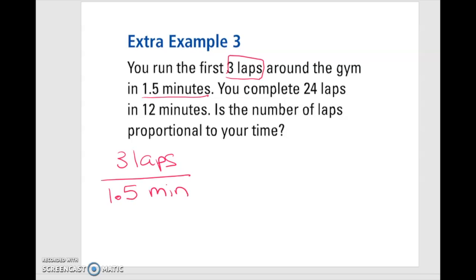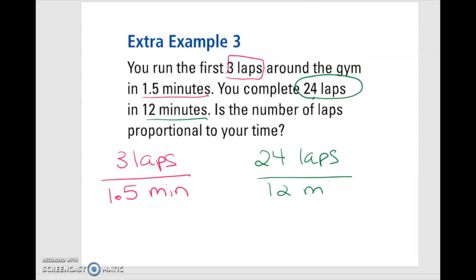Then I keep reading. You complete 24 laps in 12 minutes. When I'm setting this up, it's really important that my minutes are both in the same location. They're both in the denominator, and my laps are both in the numerator.